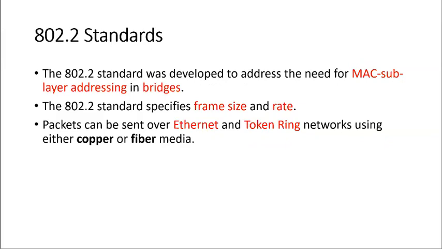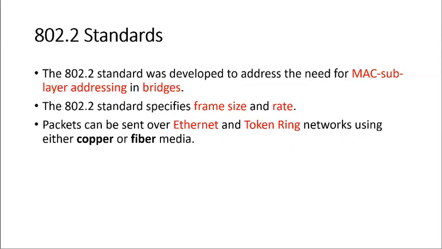The 802.2 standard specifies the frame size and also the width. What should be the size of each frame? How should the frame be divided into different fields? And for each field, what should be the size? Then at which rate the frame should be transmitted? All of this information has been defined in this standard. Packets can be sent over Ethernet and token ring networks using either copper or fiber media.